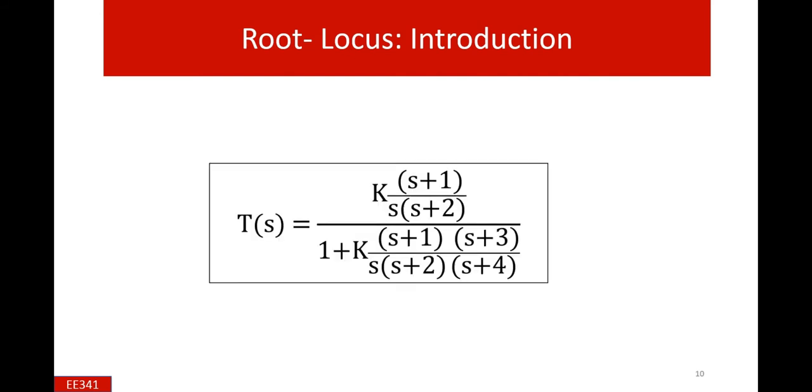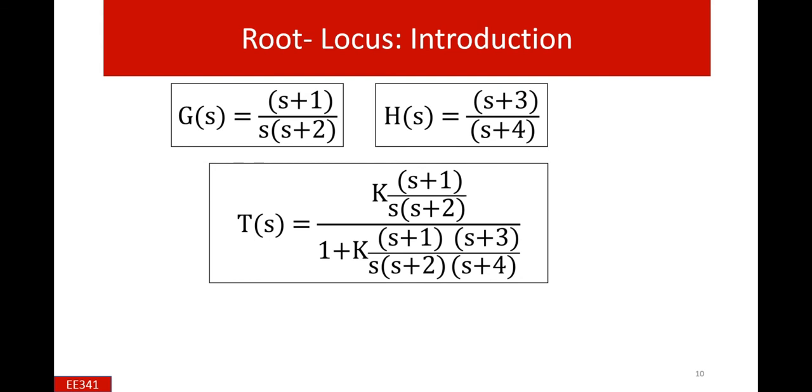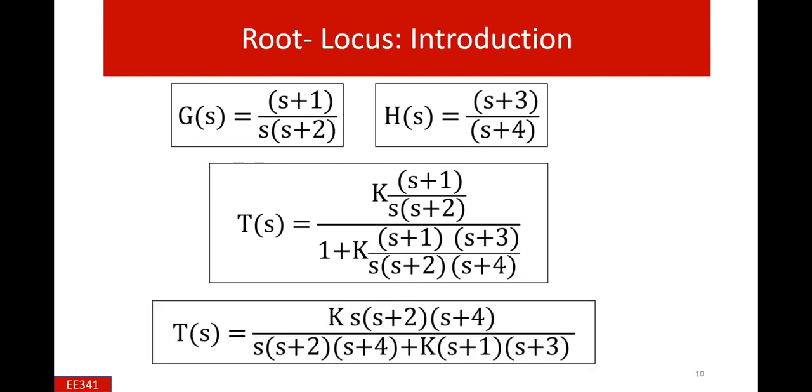Again, to review the previous concept, if we put all these terms into the closed loop transfer function, then we have this closed loop transfer function. It shows that s(s+2), the poles of the open loop forward transfer function, and (s+4), the pole of the feedback transfer function, act as zeros in the closed loop transfer function.